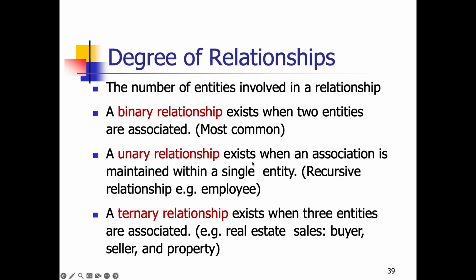These are the degrees of relationships I wanted to talk about: binary, unary, and ternary. The binary is the most common one, when we have a relationship between two entities. Then we have the unary one, which is when an entity has a relationship with itself. Can you give an example of that?